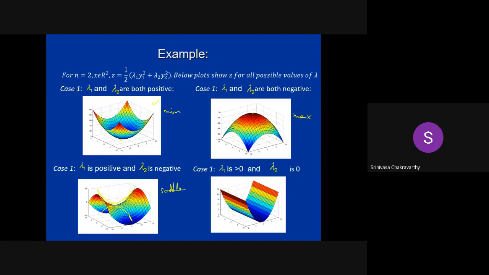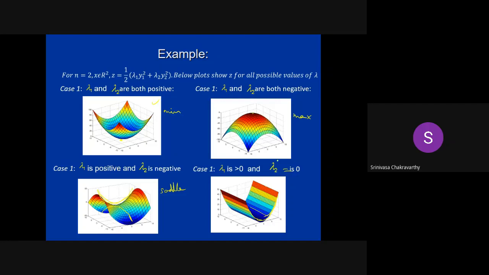Now, an even more interesting case is this. Lambda 1 is positive and lambda 2 is 0. So that means in this direction, it is going up. In the other direction, lambda 2 is 0, so it's flat, there's no change. So that's like this. It looks like a kind of a canal.